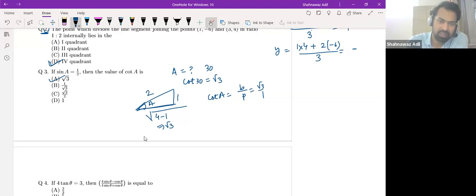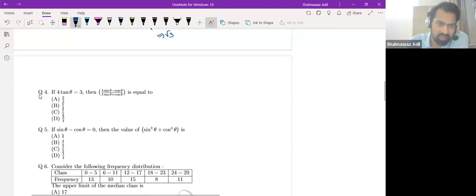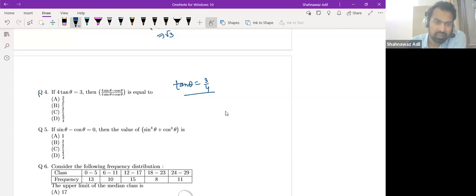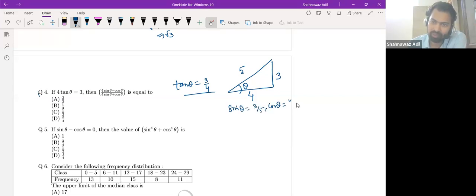And then the next one. There were some mistakes in the calculation, right? So please be careful with that. This was tan theta, and it is 3 by 4. Then we have to find out: this is 3, this is 4, and this would be 5. So sine theta would be 3 by 5, and cos theta would be 4 by 5.